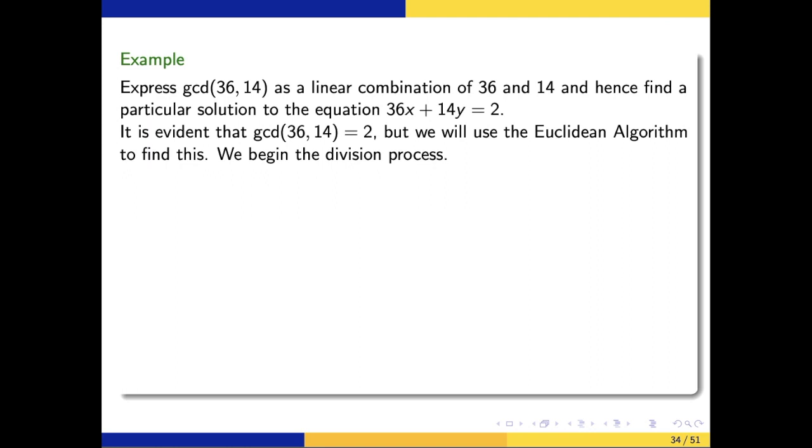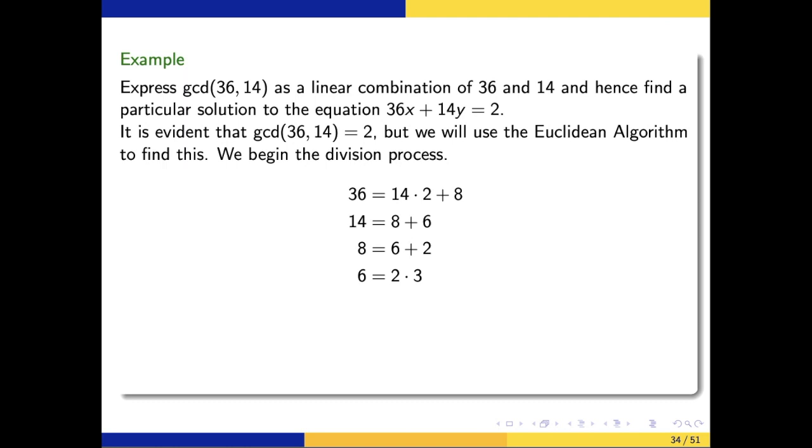So we begin the division process. We have first 36 equals 14 times 2 plus 8. Here 8 is non-negative and strictly less than 14. Then we divide 14 by 8 and we get a quotient of 1 and a remainder of 6. Then we divide 8 by 6 with a quotient of 1 and a remainder of 2. So we have 8 equals 6 plus 2.